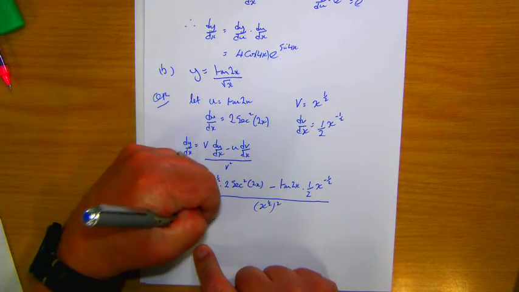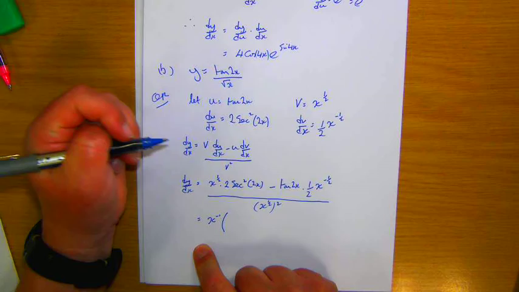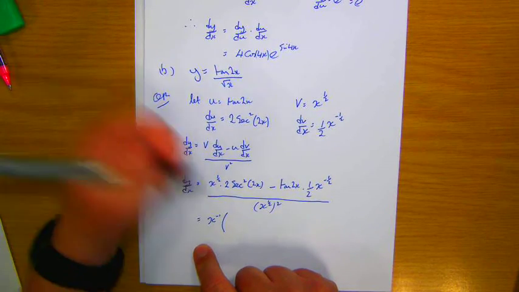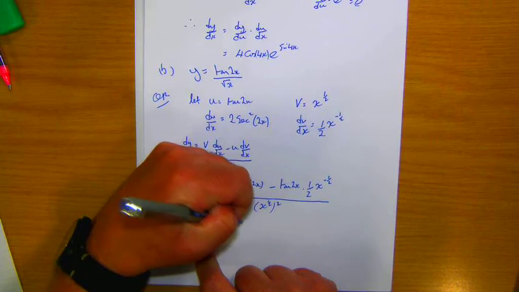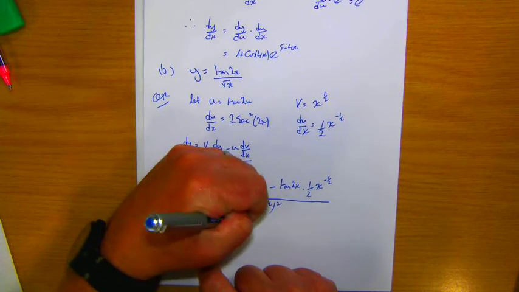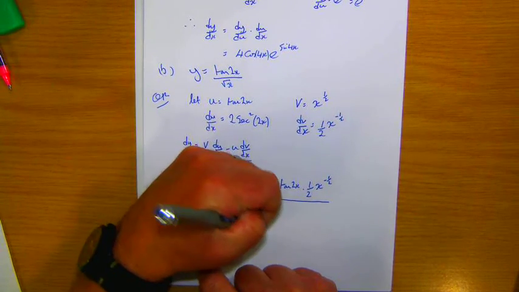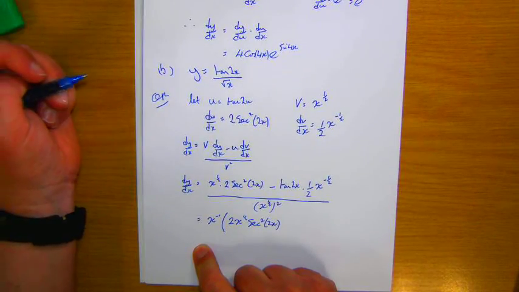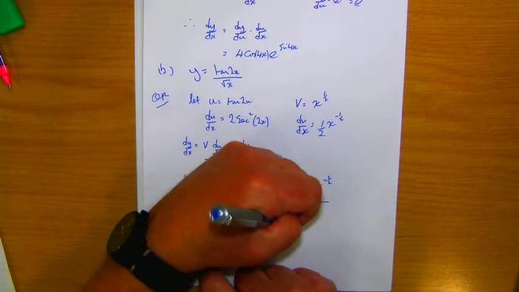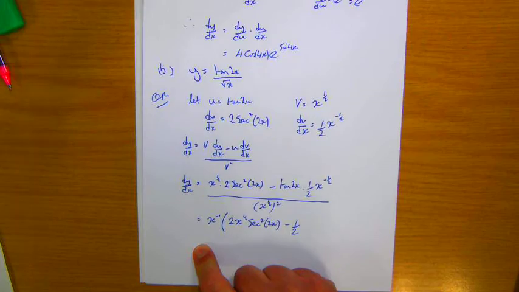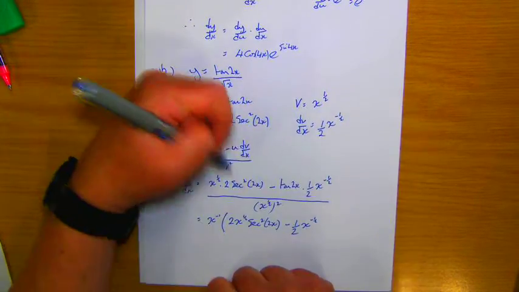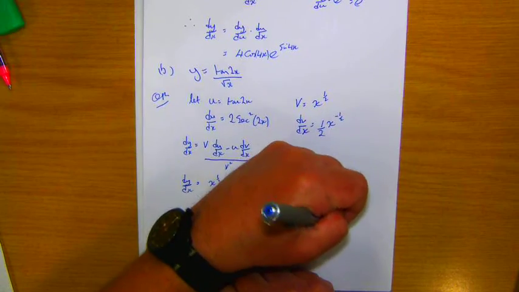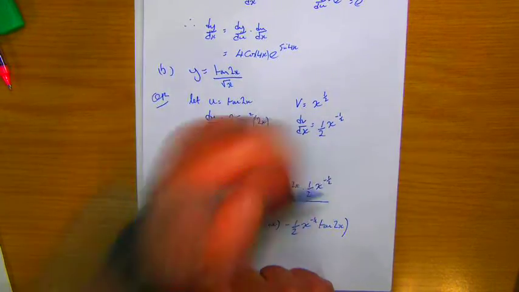So I could write it like this, x to the minus 1 rather than 1 over x. Then I've got 2x to the half sec squared 2x minus a half x to the minus a half tan 2x.